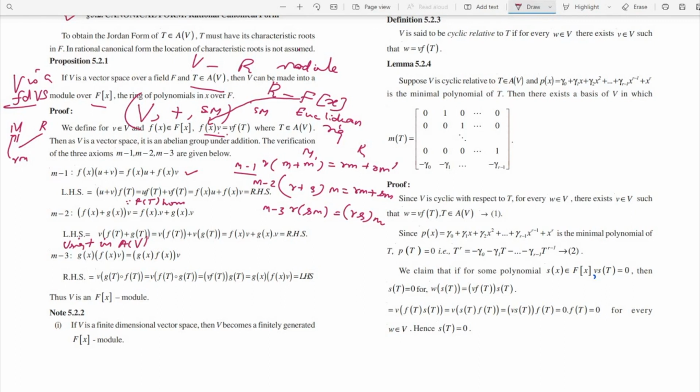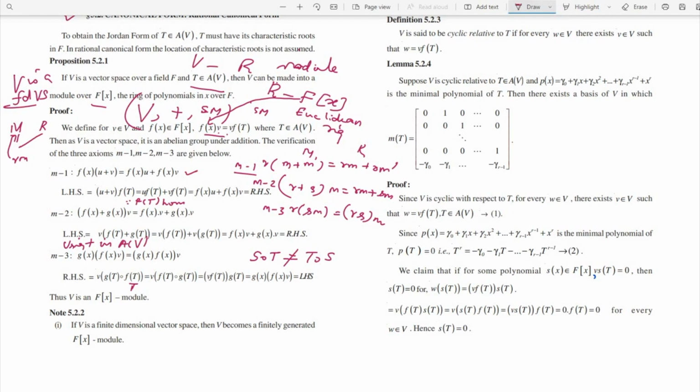Whether I consider g(t) composition f(t) or f(t) composition g(t), it is the same, because the same transformation is used. If we have two different transformations s and t, then s composition t is not equal to t composition s. But here both of them involve only t, so this is allowed.